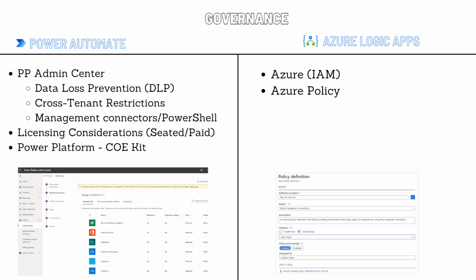All right, another super important topic is governance, and I'll include links in the description because this is a topic that warrants more than just a few minutes of explanation here, but go ahead and check this out. So naturally, if you think about some of the core audiences for Power Automate, part of that is democratization, allowing more people to go ahead and build automation.